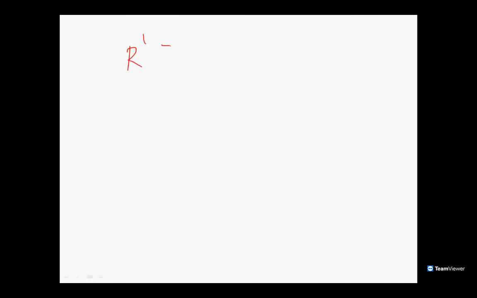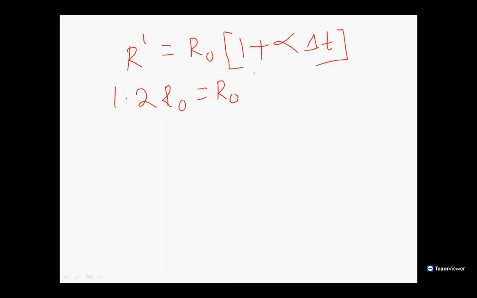Here I am using the formula R dash equals R naught into bracket 1 plus alpha delta T. As I told you, it is 1.2 times R naught equals R naught into bracket 1 plus alpha delta T.